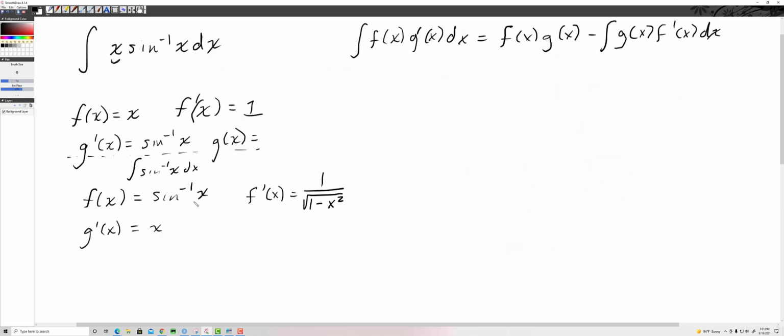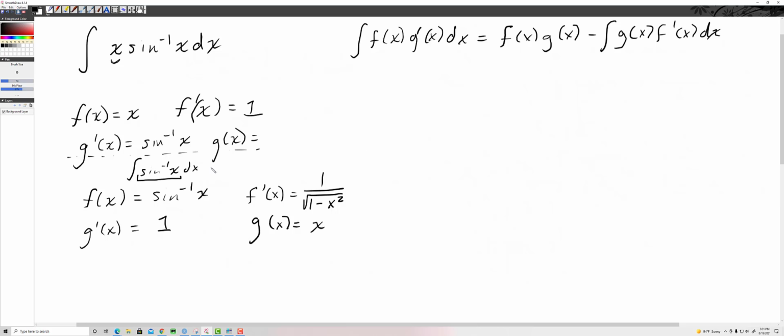And again, there is no difference between arc sine and sine to the inverse. So don't freak out about that. And I screwed this up here. f prime of x is going to be 1 because the product of functions here is 1 times sine inverse x. I kind of gave it away. g of x is going to be x.